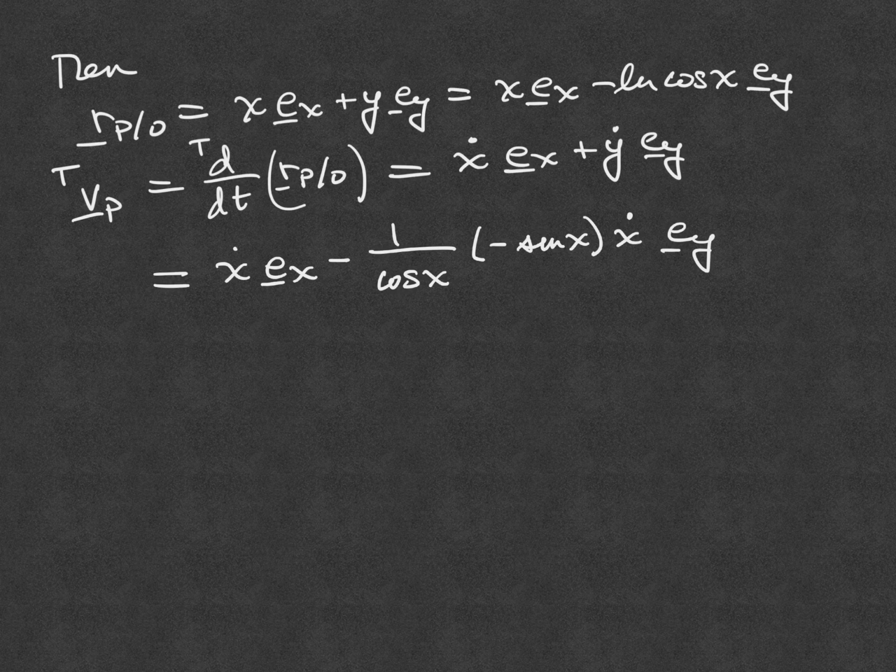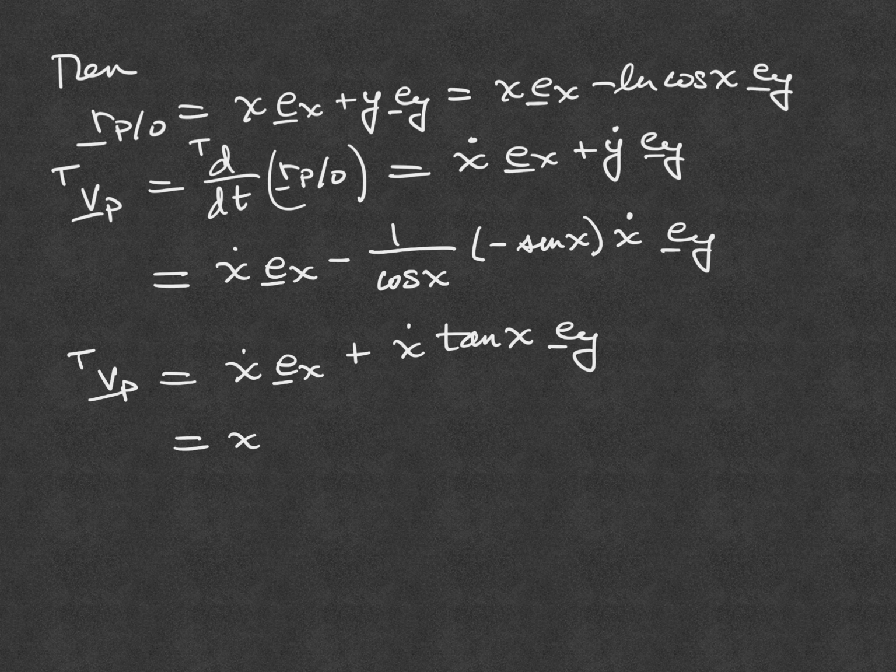So this gives x dot EX, and then you get plus x dot times the tangent of x, EY. So there's the velocity as viewed by an observer fixed to the track. Now this last expression can be written as x dot times EX plus tangent of x, EY.